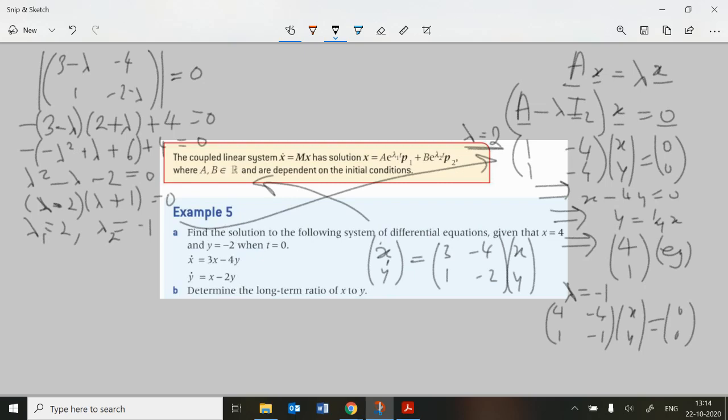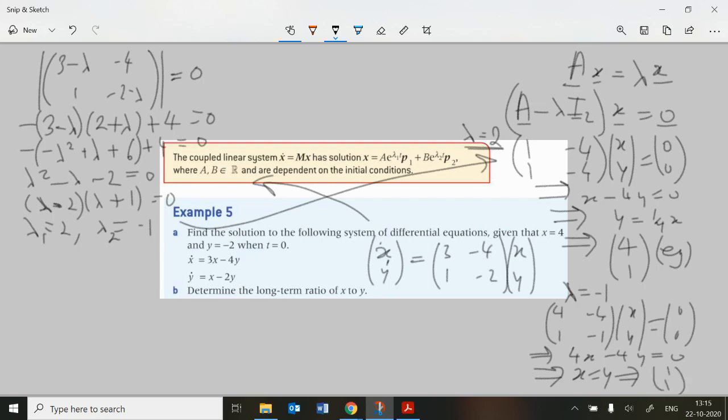This leads to 4x minus 4y equals 0, and likewise from the bottom, x minus y, which leads to x equals y, which leads to the vector 1, 1.